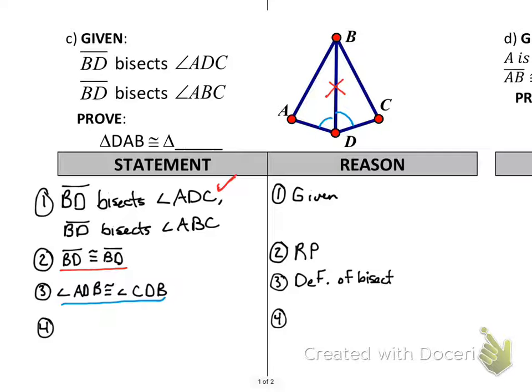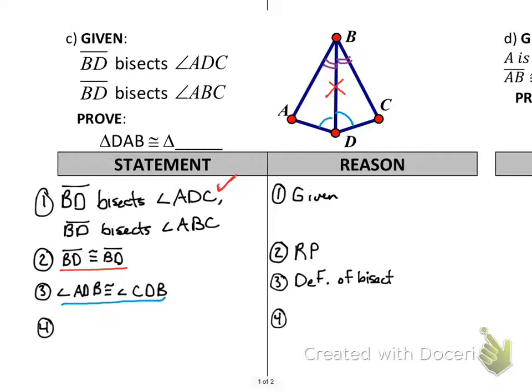If you want to, for your own benefit, keep track: I already used that given to help me find something congruent. I have another given that I haven't even looked at yet. That one says that BD bisects ABC. So what can we say about those angles at the top? These angles at the top also have to be congruent.